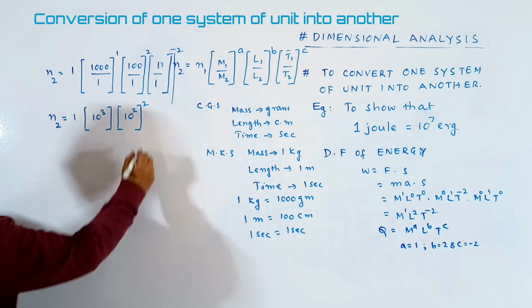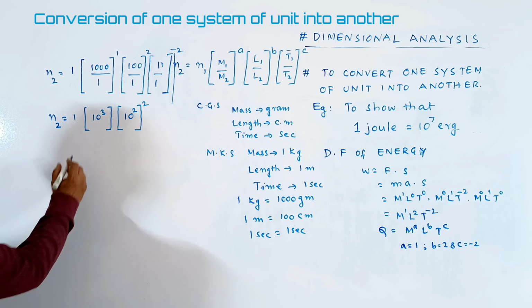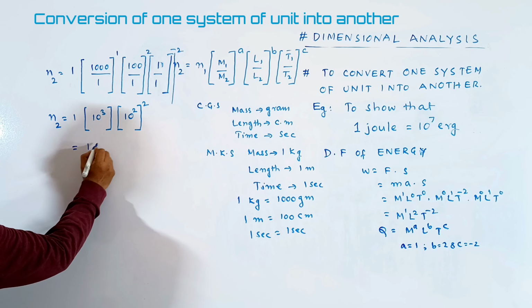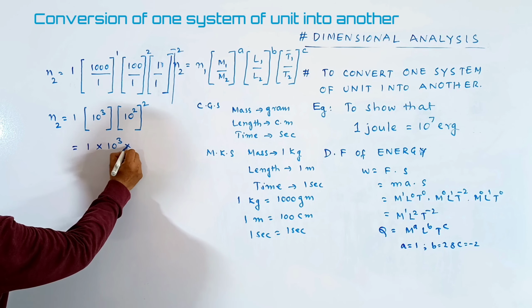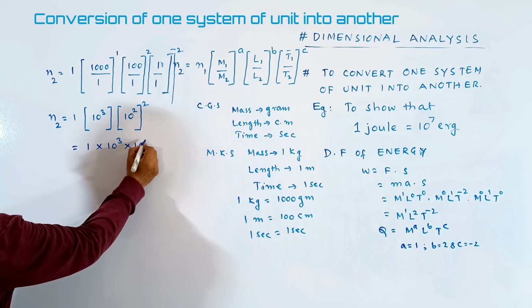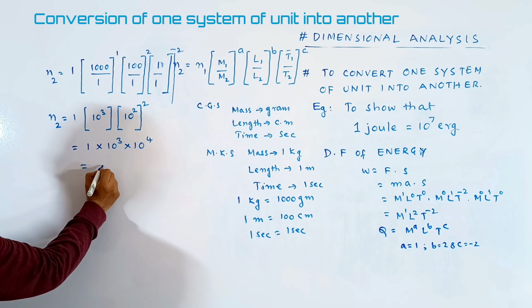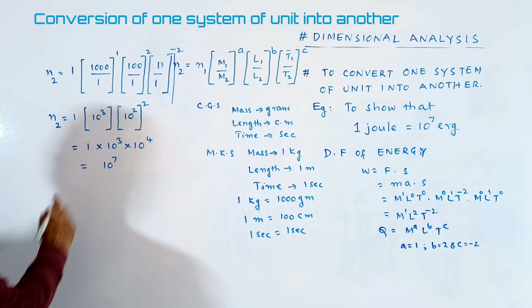You can write it is equal to 1 only. Then you can write it is 10 cube into 10 to the power of 4. It is equal to 10 to the power of 7.